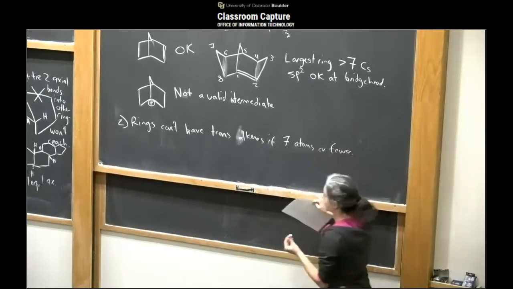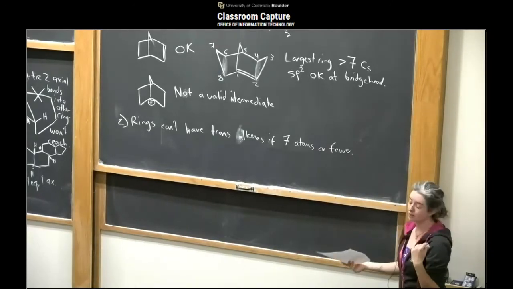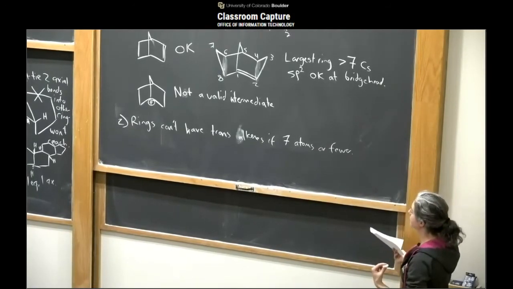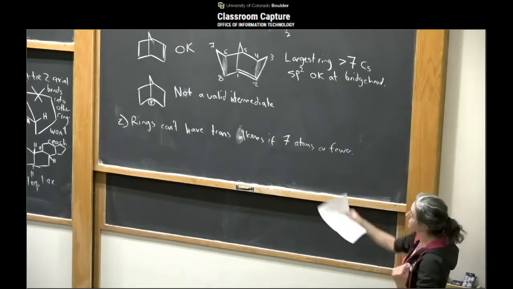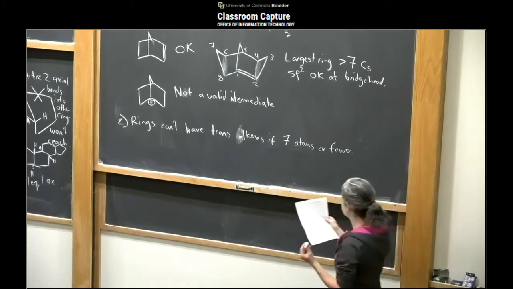So both of these actually have the same size limit on rings. 7 atoms or fewer means you can't have a trans alkene. 7 atoms or fewer in the largest ring also means that you're violating Bredt's rule.